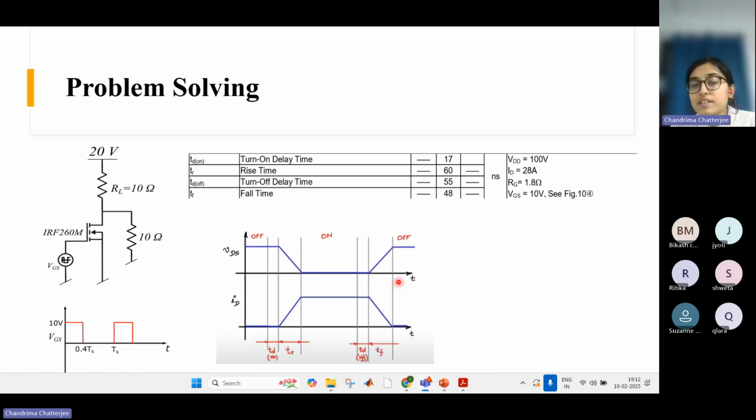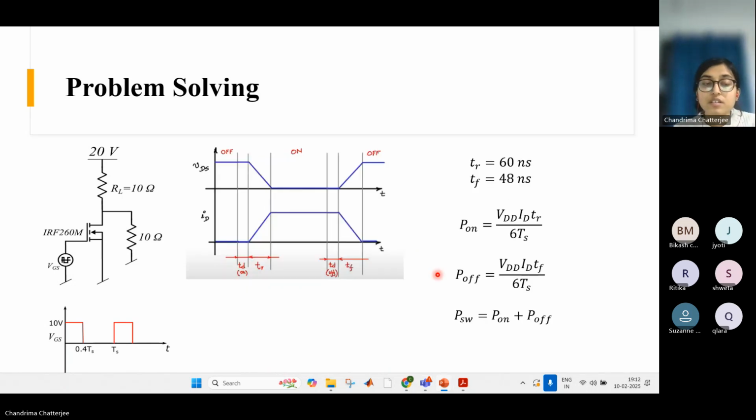So a similar exercise we did for BJT also, BJT and diode, where we calculated the turn on and turn off losses. And for MOSFET also, we will do it in the same manner. So the rise time is 60 nanosecond, fall time is 48 nanosecond.